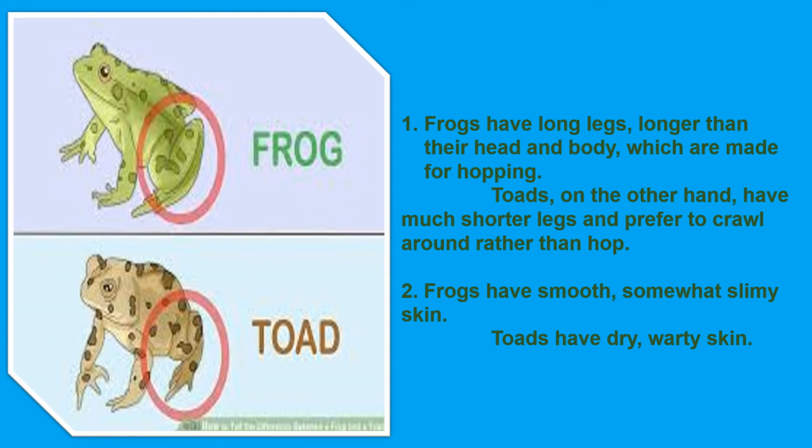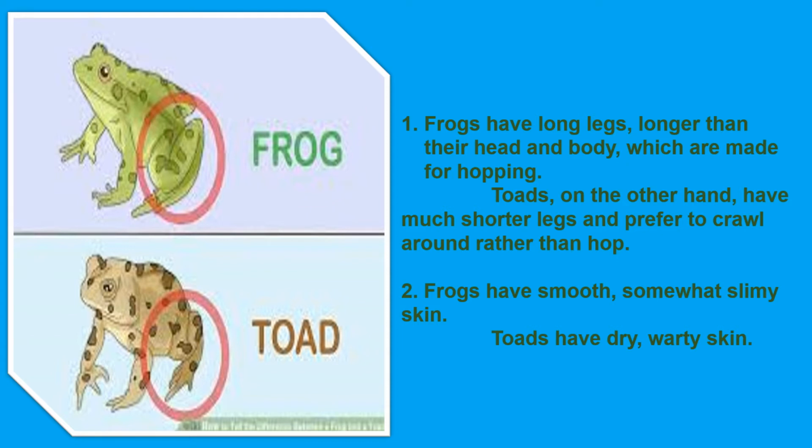On the other hand, toads have much shorter legs and prefer to crawl around rather than hop. See the back legs of toad. They're shorter than frog. That means frog generally used to hop and toad generally used to crawl.